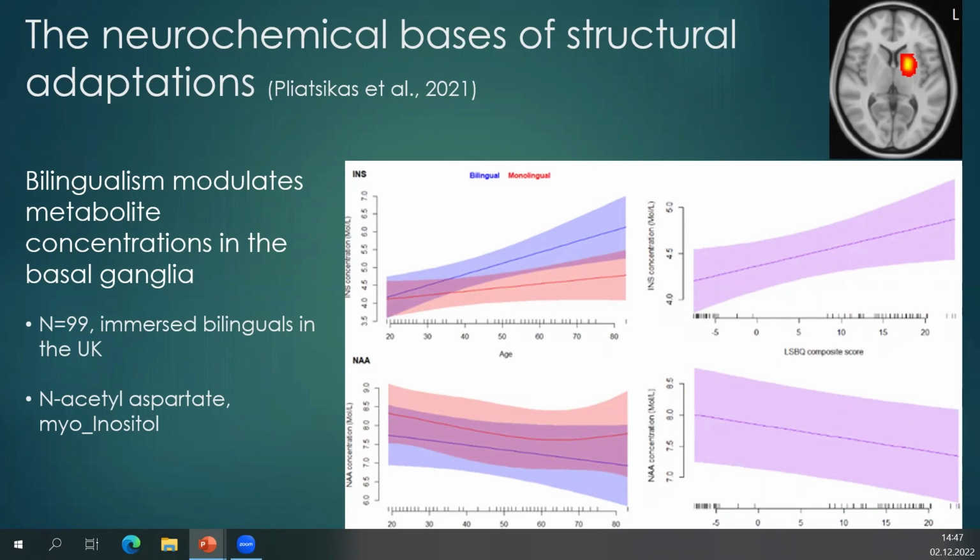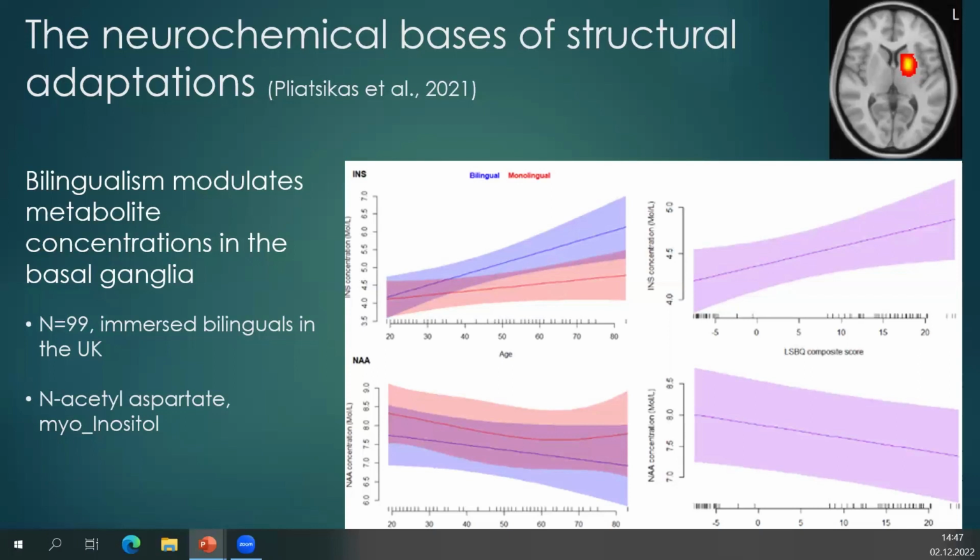So every time you lose tissue, you get increases in myo-inositol. The second one is NAA, and that reflects atrophy, which works the other way. When you have decreases in volume, you also have decreases in NAA. So the two chemicals work in opposite ways, right? So the more you lose, the more myo-inositol you have, and the more you lose, the less NAA, right? We know that these changes are triggered by aging as well.